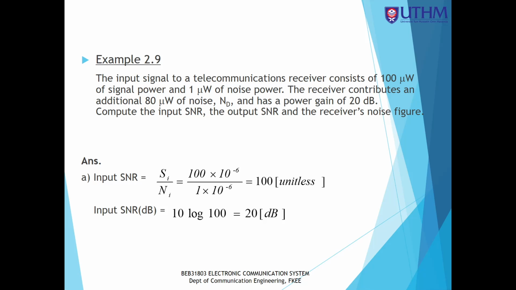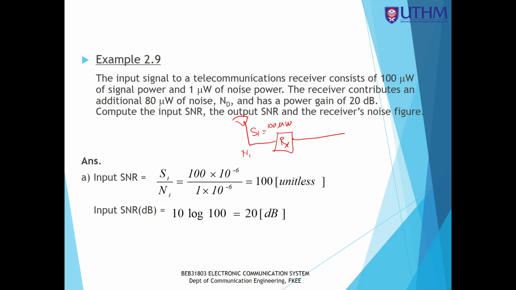If you look at this system, it is a receiver. So let's draw the receiver. This is the receiver. The input signal to the telecommunication receiver, SI, is equal to 100 microwatt and 1 microwatt of noise power.